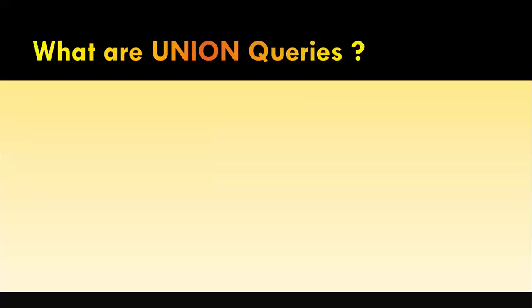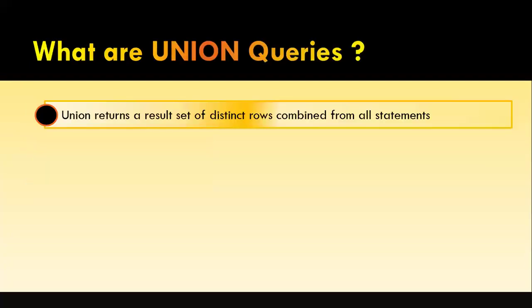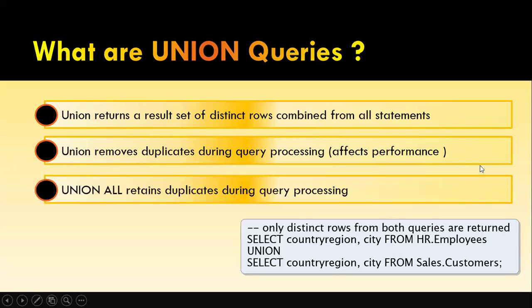So, you explored what union, intersect and except operators are. The union operator returns a set of distinct rows combined from all statements. Union removes duplicates during query processing, hence it will affect your performance. Union all retains duplicates during query processing.